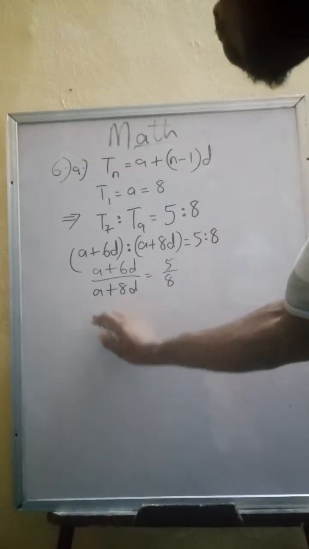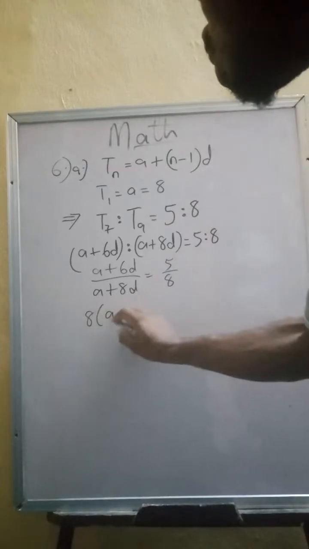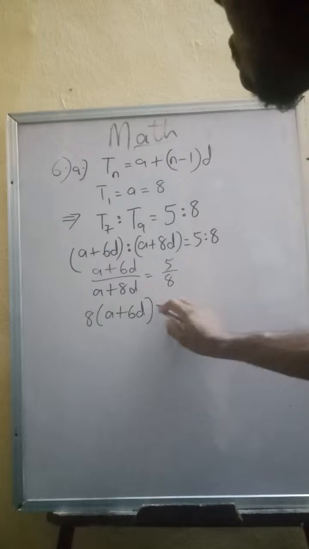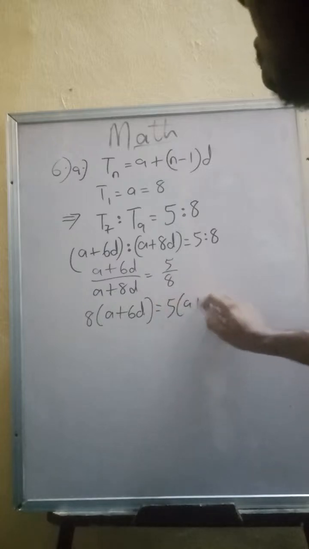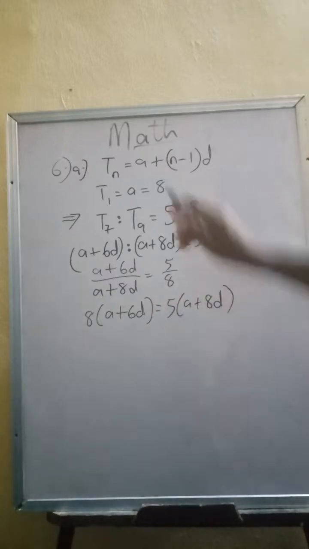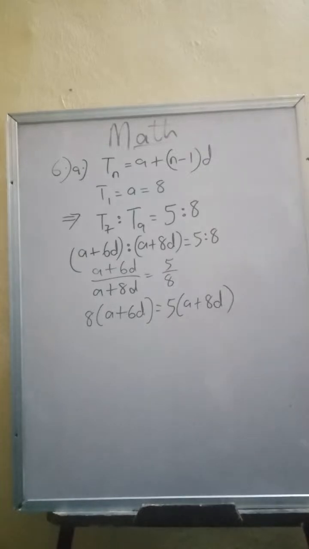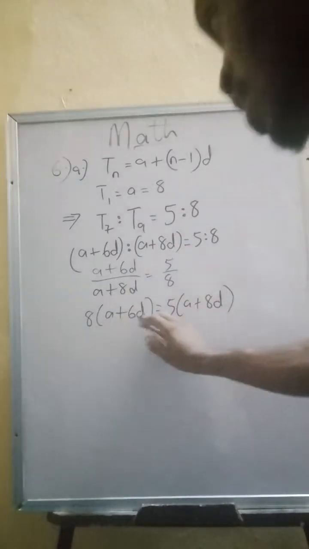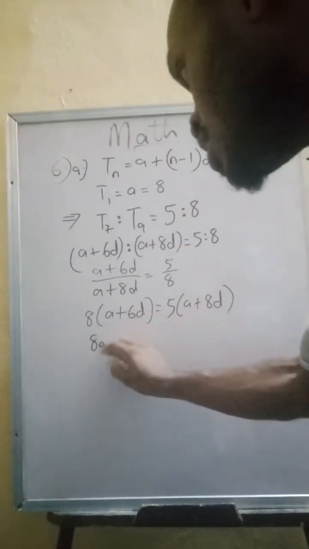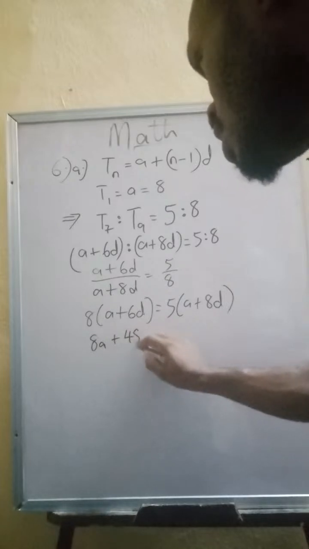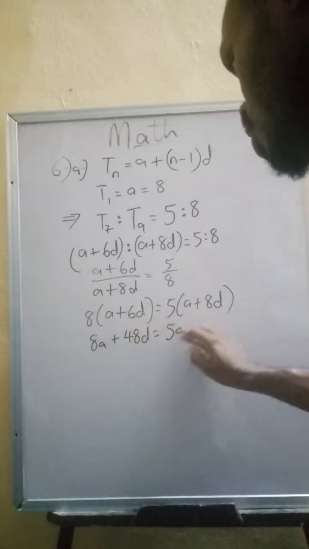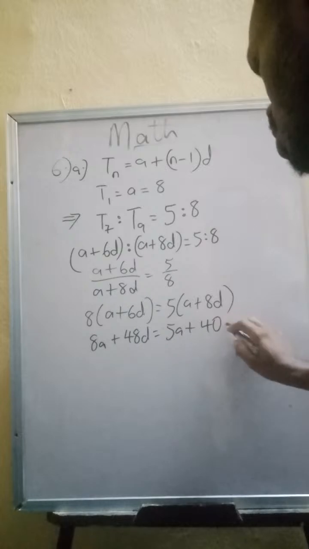Now this gives you 8 times a plus 6d equals 5 times a plus 8d. As usual, open the brackets. You have 8 multiplying everything in the bracket. You have 8a plus 48d equals 5a plus 40d.